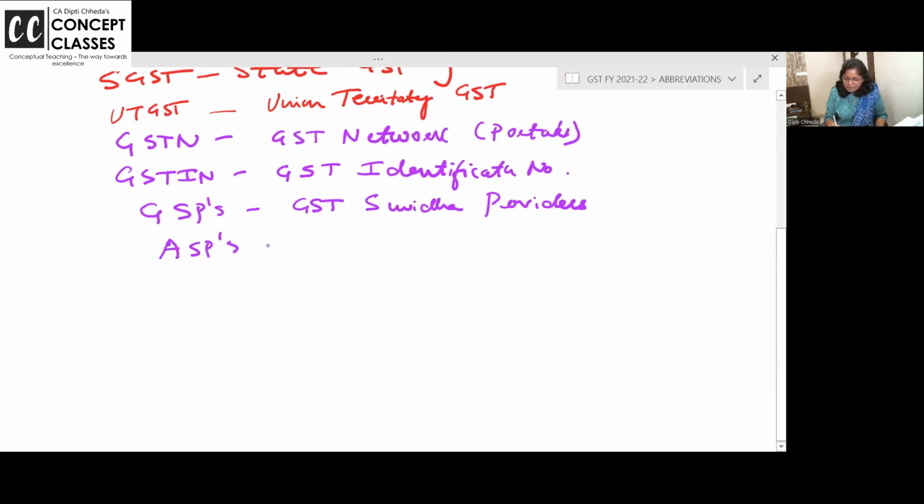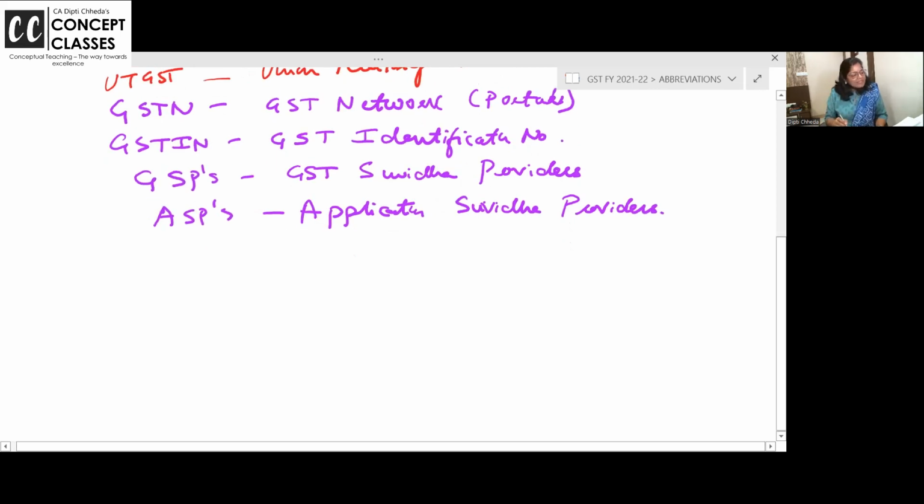ASPs, Application Service Providers. And I told you we have 2 separate portals which are helping to generate the e-way bill. E-way bill is electronic way bill. For that, there is no need to write the full form. But yes, we have IRP.